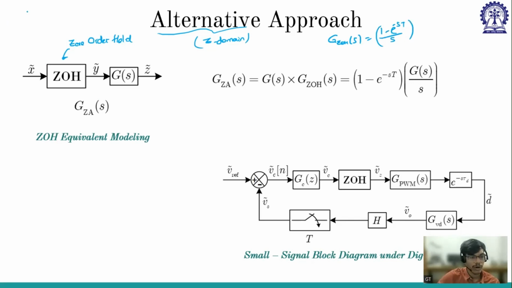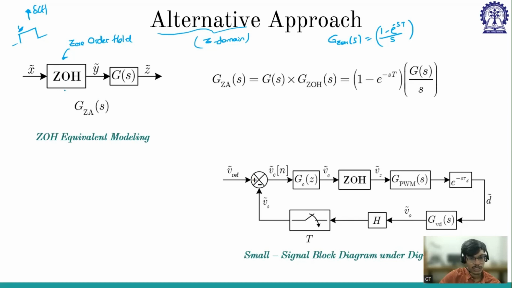We give delta of t, and the zero order hold will hold for some time. From this you will get the output transfer function and then the input transfer function. We divide this by this to get the ZOH transfer function, and it is very simple. That's why I'm not going into detail. So the zero order hold transfer function is 1 minus e to the power minus sT by s.